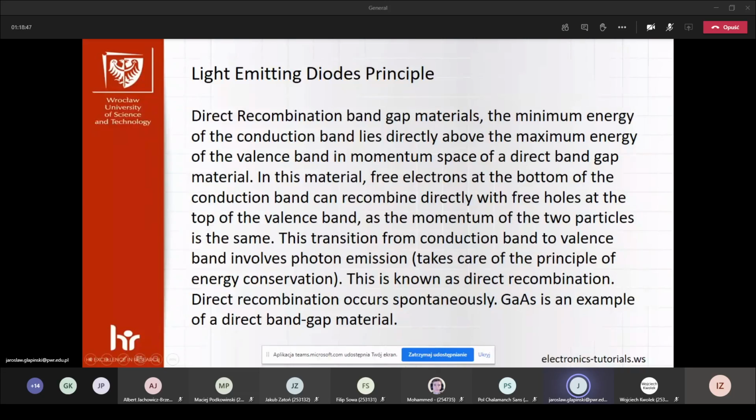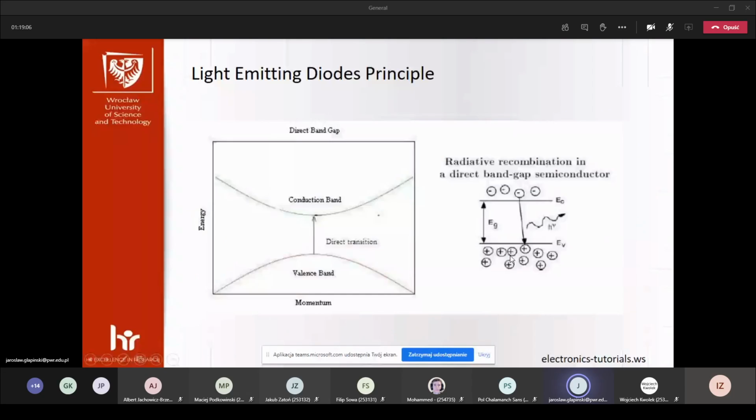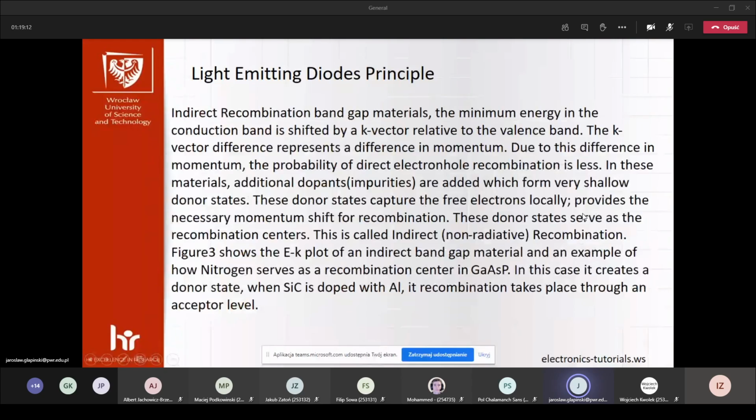This is an example of substances where the energy of the band gap is similar to the emission of visible light. So in direct recombination, the electrons recombine with the holes, and we've got emission of light of the electromagnetic field.